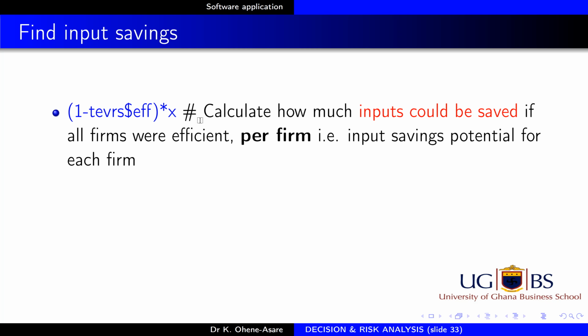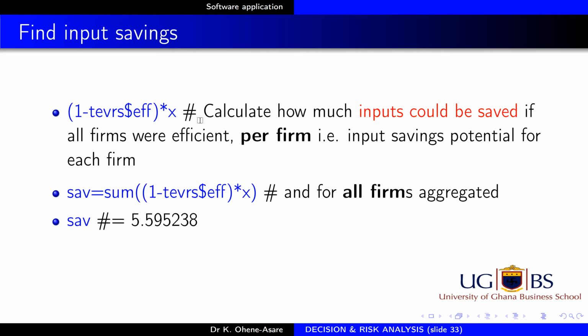The input saving potential for each firm can be calculated as 1 minus the efficiency score, multiplied by that very input. Then you can do it for all the firms to get the total input saved for the entire industry. When you go through this R command, it will tell you that we've saved 5.6 inputs if all the firms were efficient.